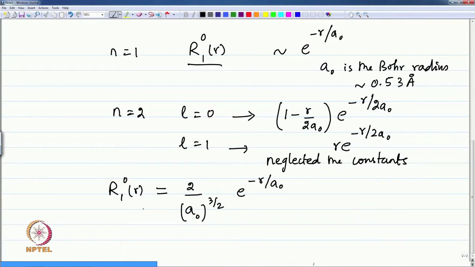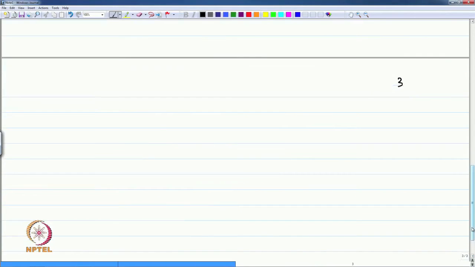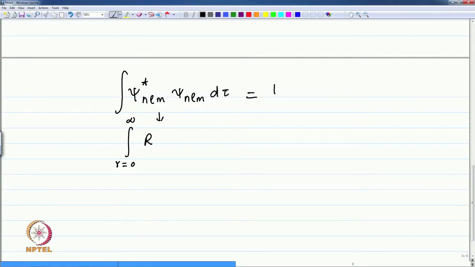This normalization constant is obtained by the following procedure, namely the integral of psi star n l m psi n l m d tau is equal to 1, which when we use the spherical polar coordinates has the following form: r equal to 0 to infinity the radial function R n l of r squared, because this is real, and r square dr, which is the radial part for the d tau.